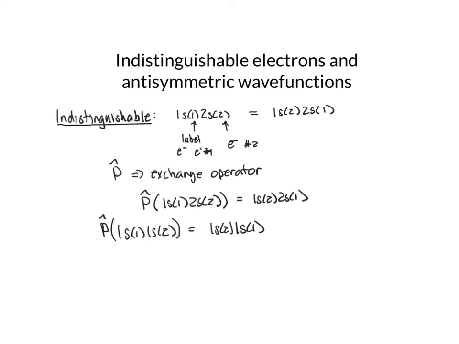Those are the exact same orbital. The electrons are in those exact same orbitals, and I can't tell the difference between this configuration and this configuration. So here, our wave function is not an eigenfunction, and in this example where I have both electrons in 1s, this is an eigenfunction of the exchange operator.